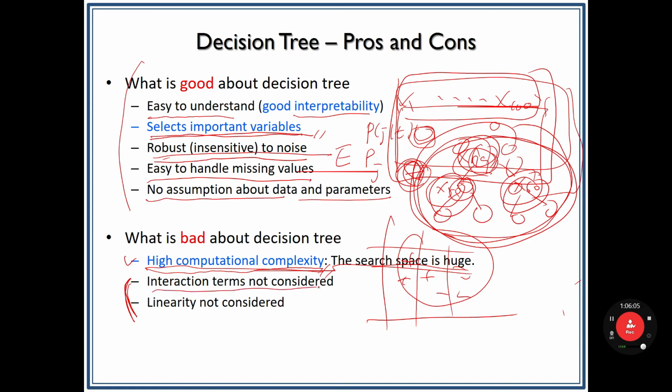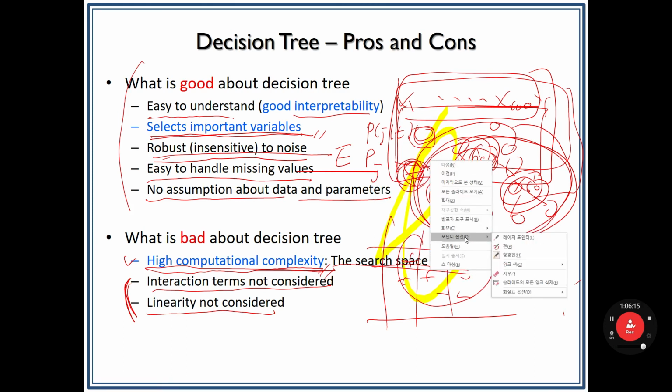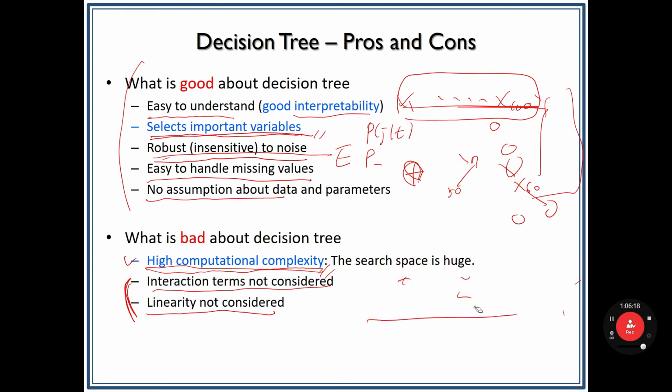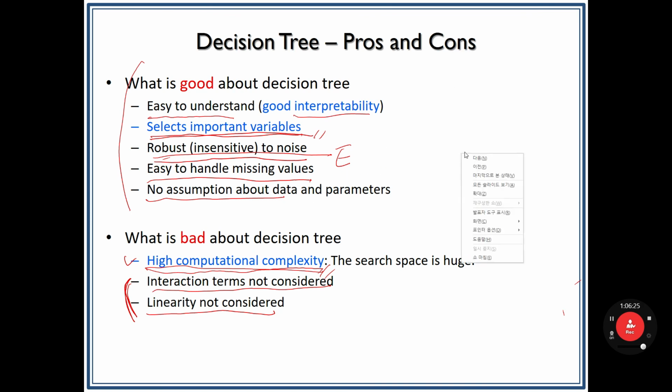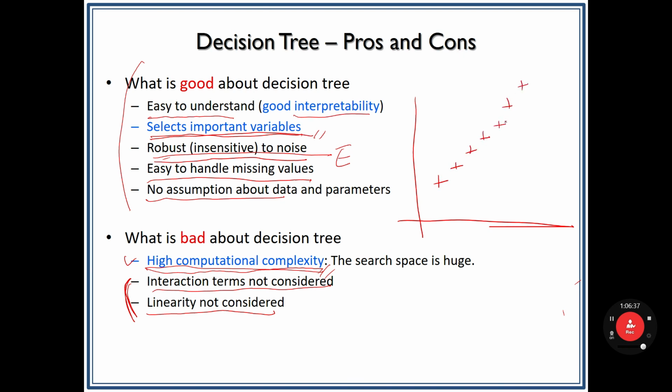Interaction terms are not considered, linearity is not considered, which means that, for example, let us consider a two-dimensional example. This one, x1 and x2, we have positive data points in this way and negative points here.